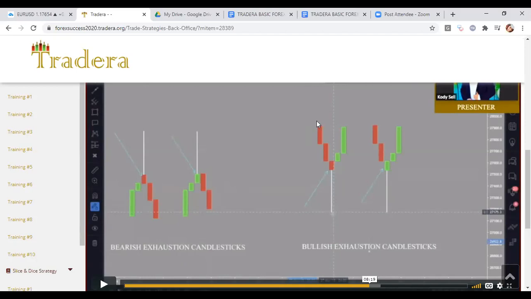So that means that price was 9 times out of 10 going down, like here in this example, it's bearish, it's going down. But you get the exhaustion signal here, letting you know that, hey, it's run out of gas. It can't go down anymore. And then look what happens.